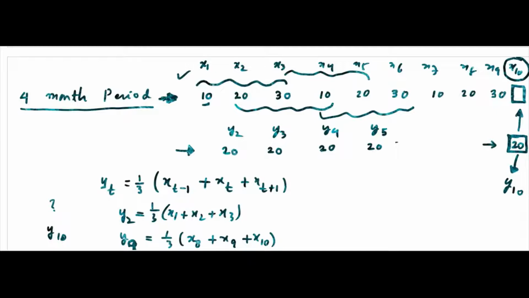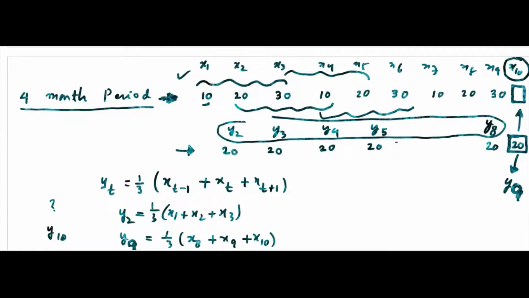this data up to this we have, let me write this 20, it will not be exactly 20, it will be around 20, this will be my y8, you can verify that, and I will predict y9 here using the data up to y8, because I have up to x9, I don't have x10, I want x10.